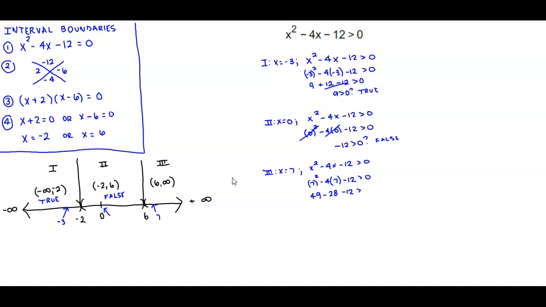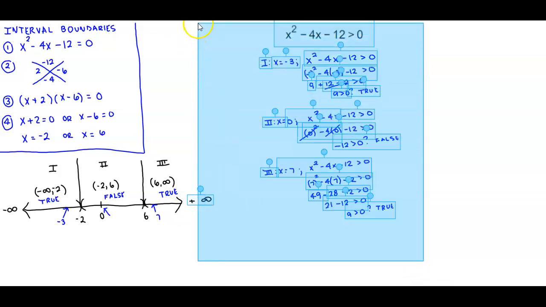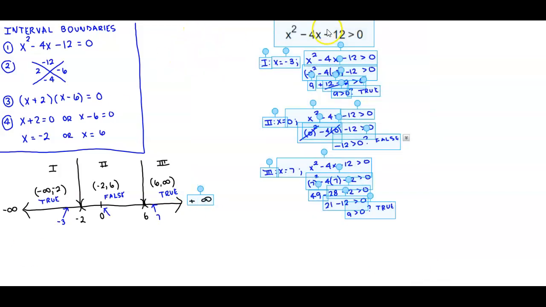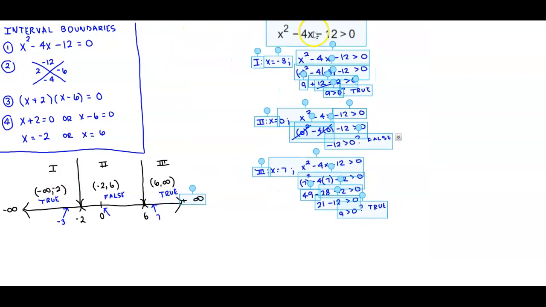Minus 12 is greater than 0. 49 minus 28 is 21, and then 21 minus 12 is going to give us 9. And 9 is greater than 0, so therefore it's true. So it's true for that interval as well. Now that we've figured out our testing points, we determined where it's true and where it's false.